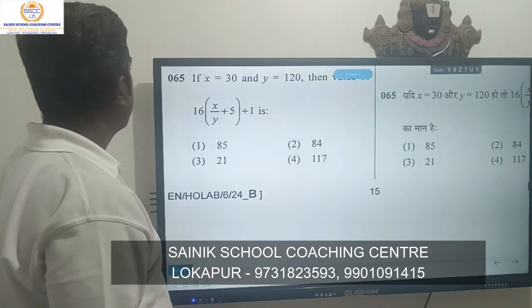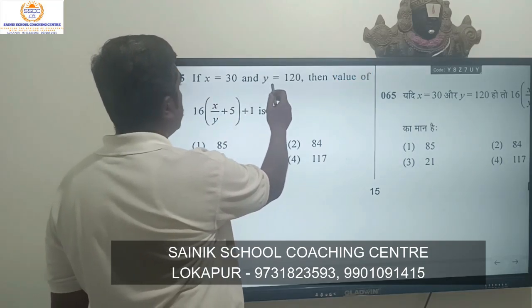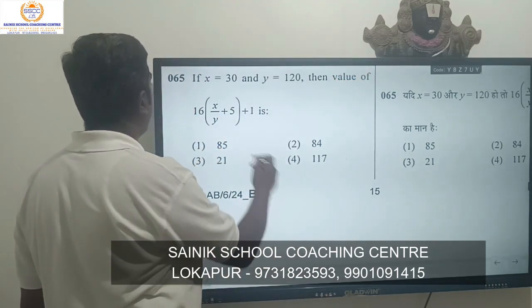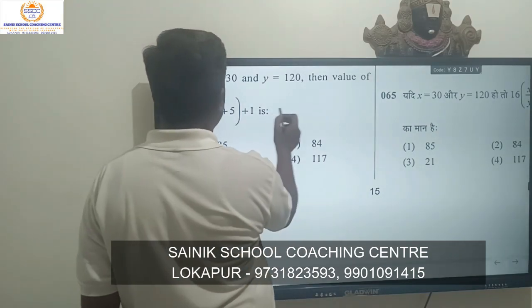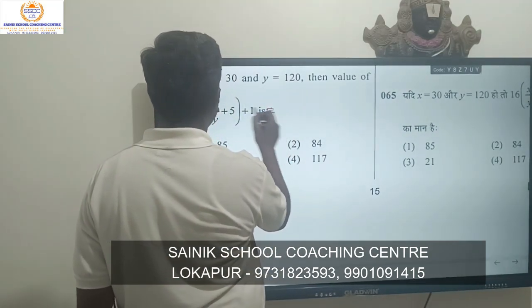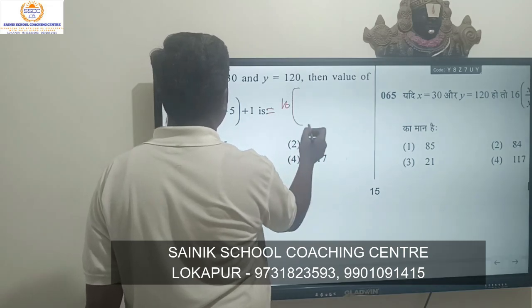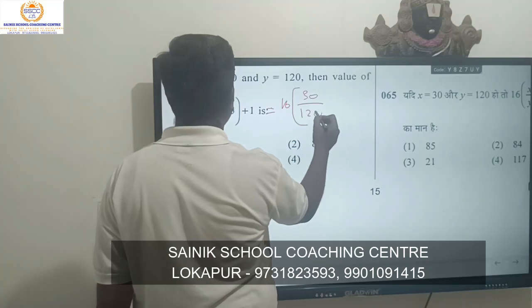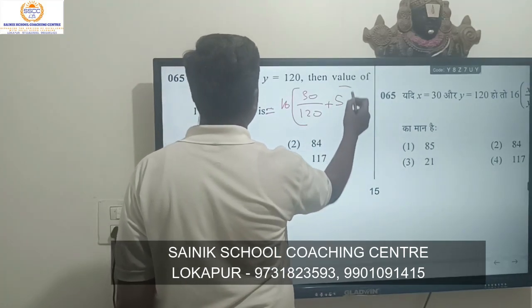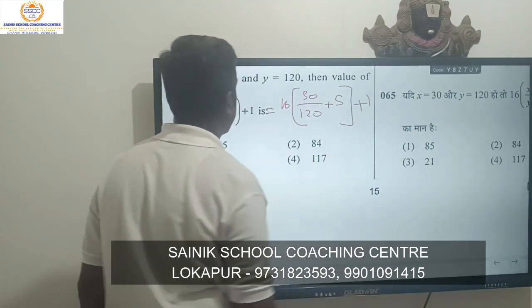Okay, next question. If x is equal to 30, y is equal to 120, find the value of the expression. So 16 into the bracket, x is 30, y is 120, plus 5 bracket, plus 1.